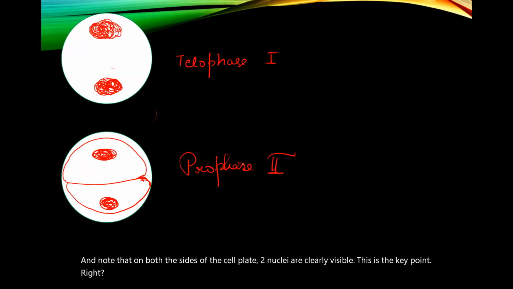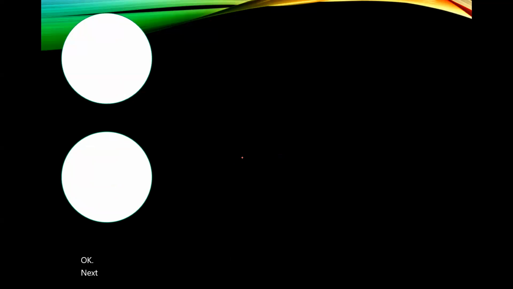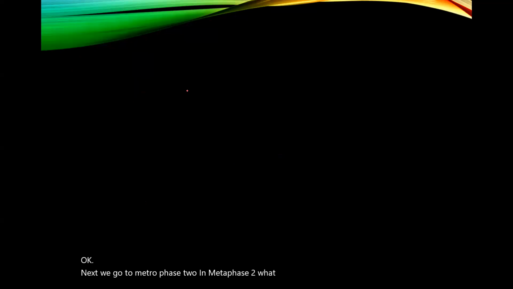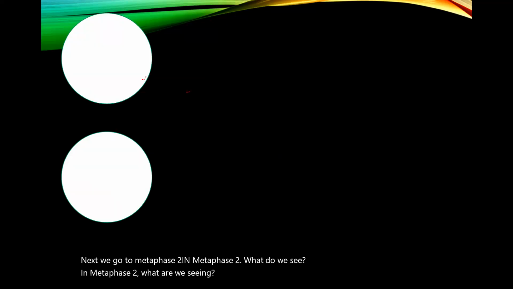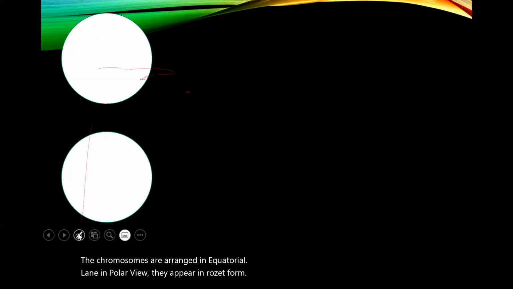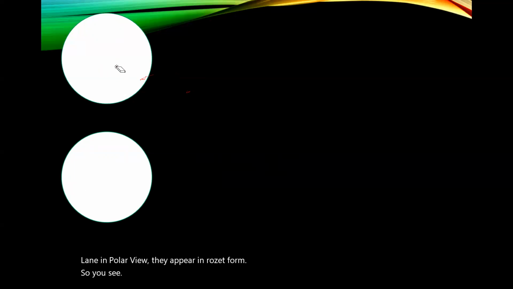Right? Next, we come to metaphase 2. In metaphase 2, what do we see? The chromosomes are arranged in equatorial plane. In polar view, they appear in rosette form. So you see, I'm just drawing this here so that you understand.